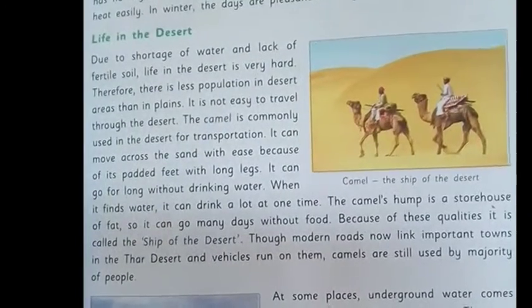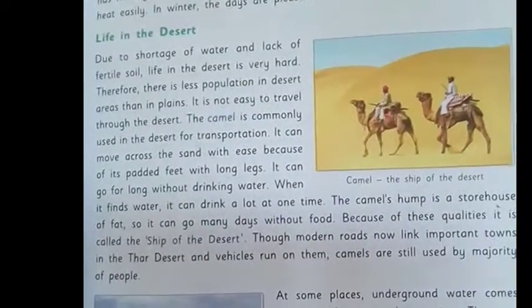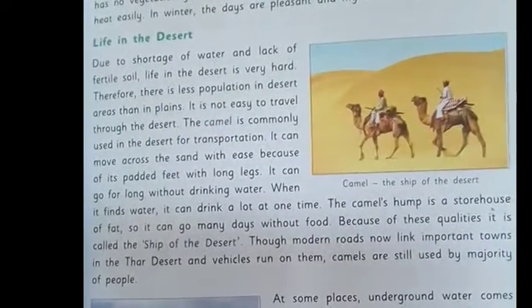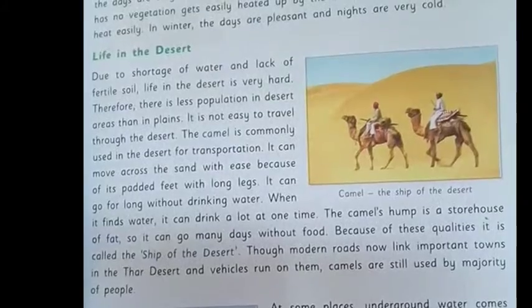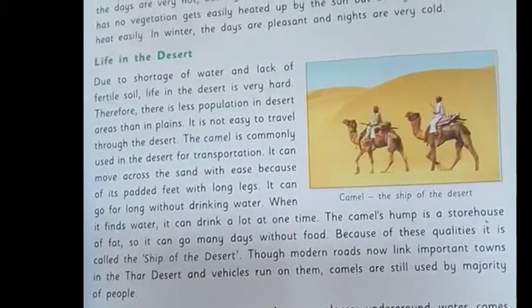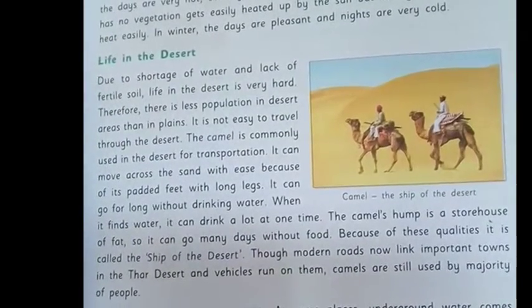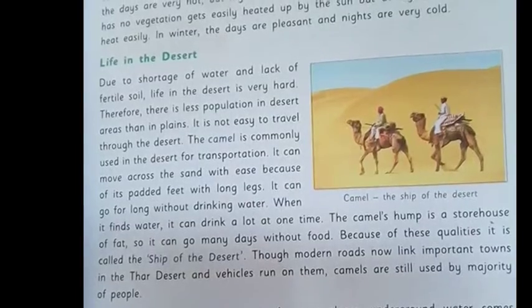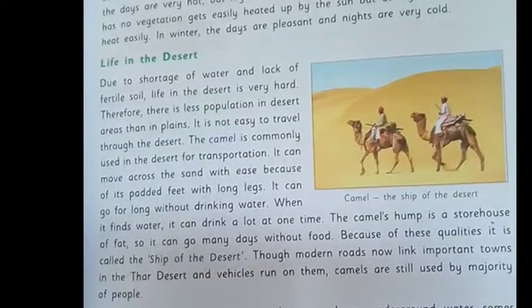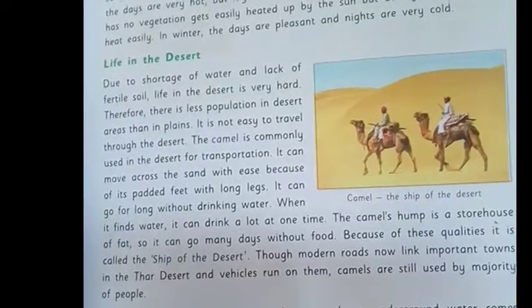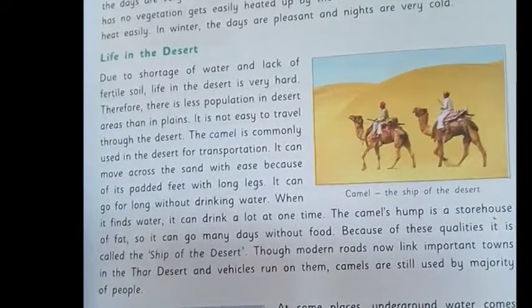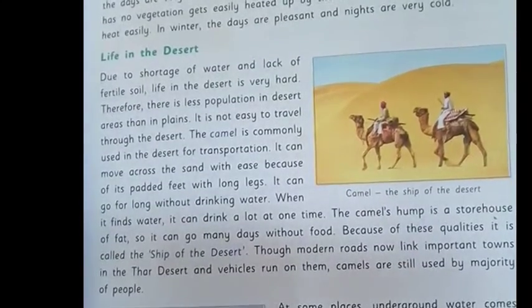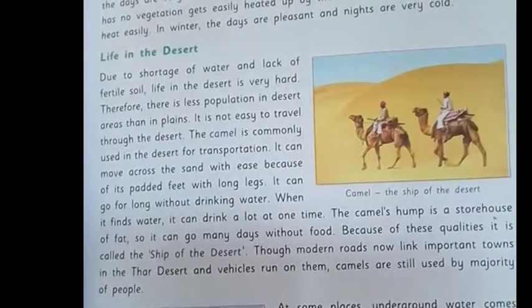Now because of lack of water and fertile soil, life in the desert area is very hard. Therefore, there is very less population in these areas. It is not easy to travel through the desert areas from the plain areas.